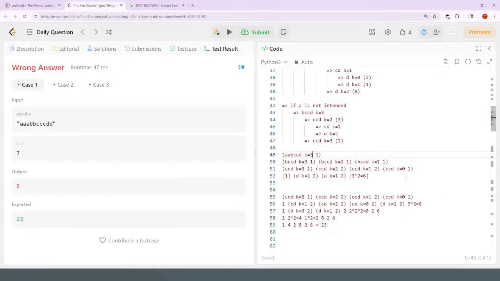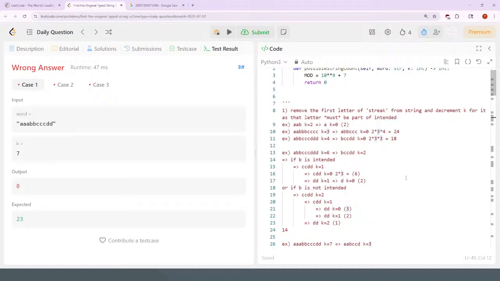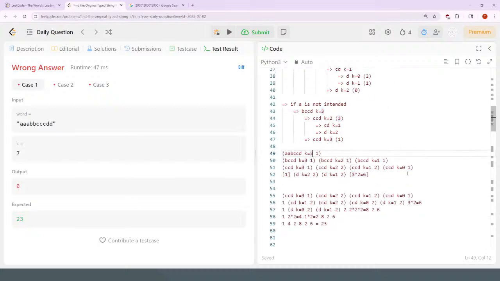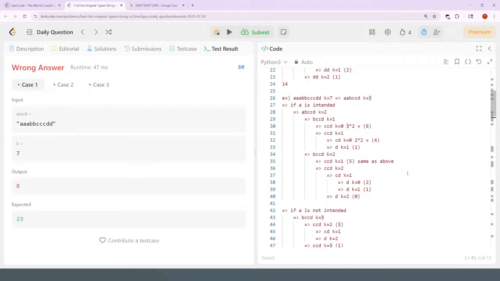There has to be some better way of reformatting it. Reinterpreting this. So A, B, C, D, K equals 3.